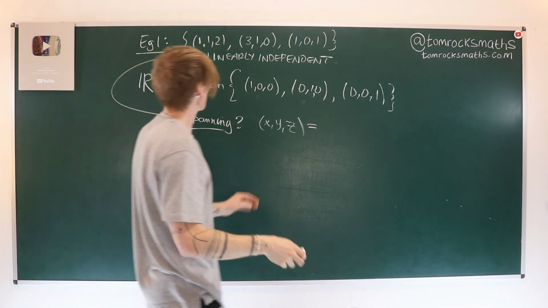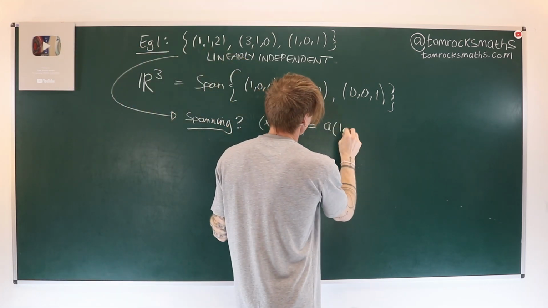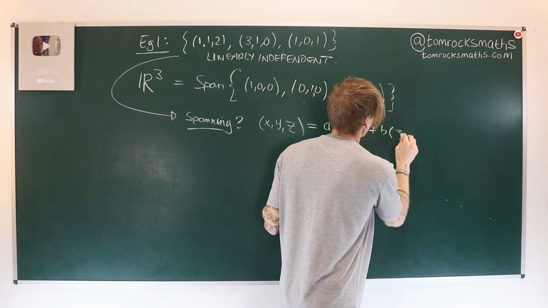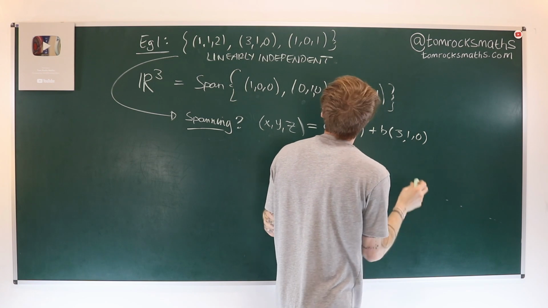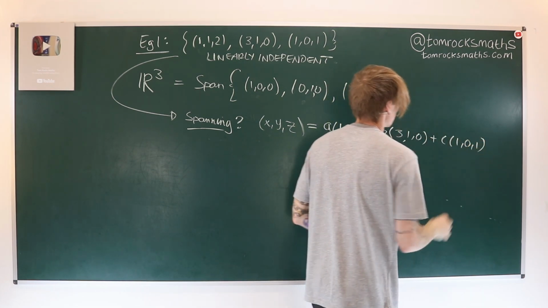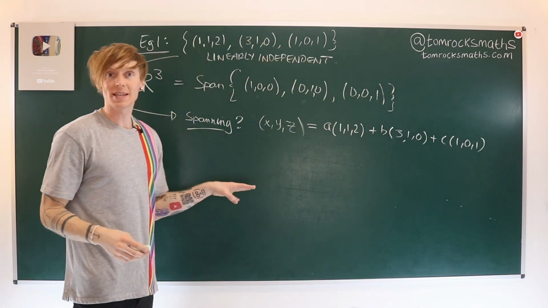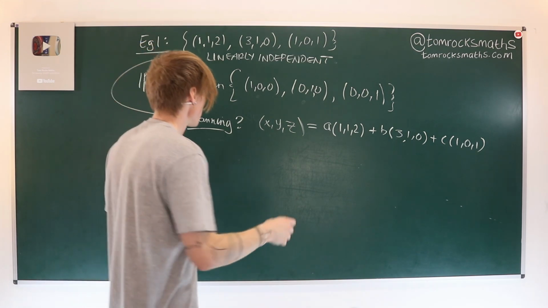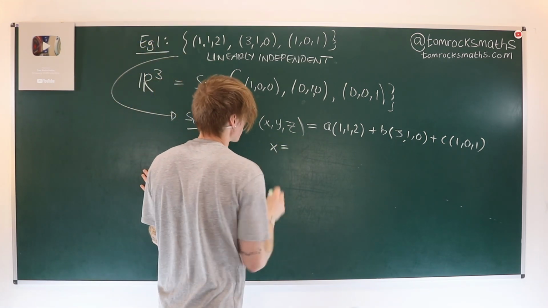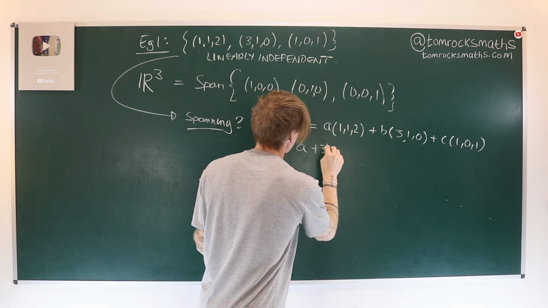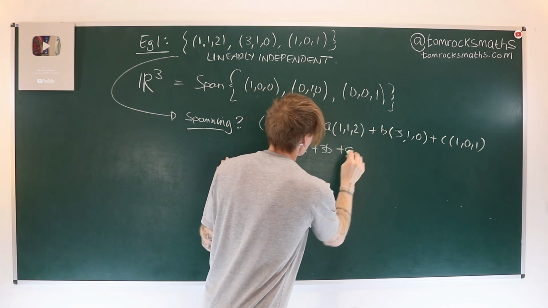So we need a lots of (1, 1, 2) plus b lots of (3, 1, 0) plus c lots of (1, 0, 1). And we need to solve this for a, b, and c, which of course will be functions of x, y, and z. So we're going to get very similar equations to what we had before. Looking at the first coordinate, x is equal to a plus 3b plus c.